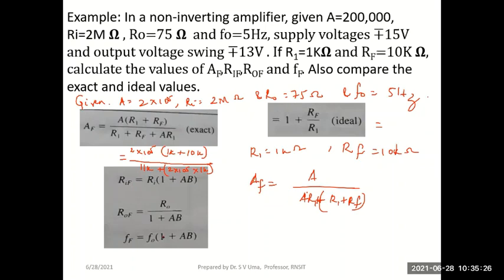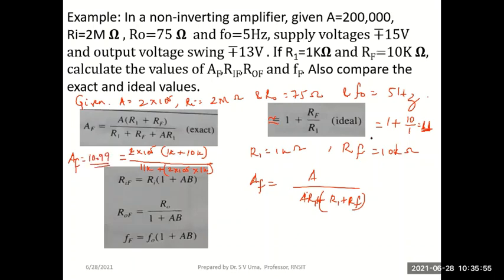Any answers? And calculate the approximate value also. This is easy. 1 plus RF by R1. 1 plus 10 by 1, you will get 11. So the approximate value of gain turns out to be 11. Can someone tell me what is the exact value you're getting? 10.99.